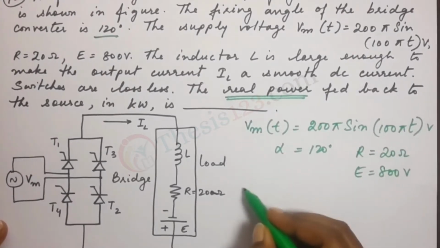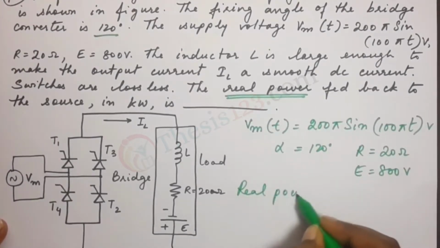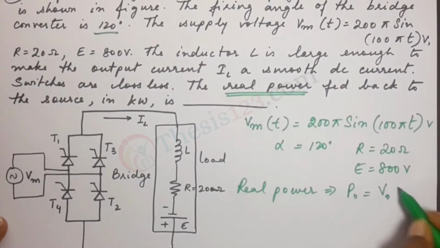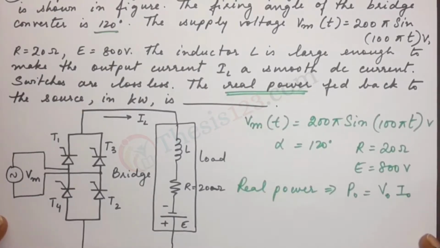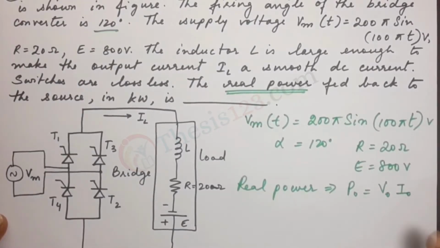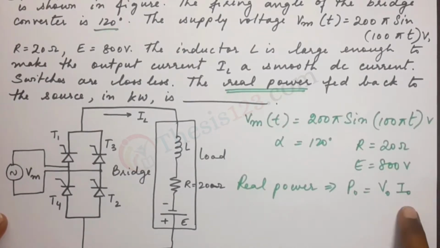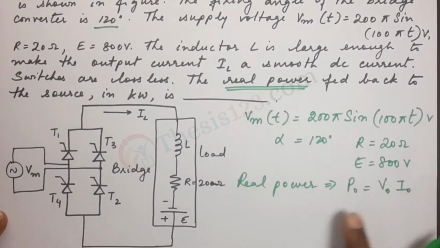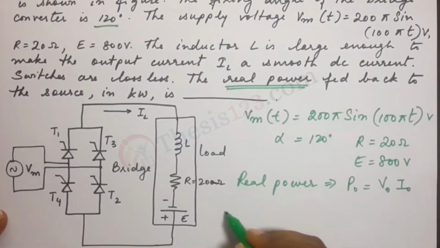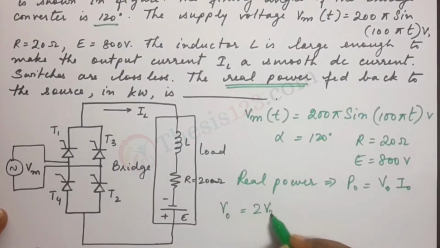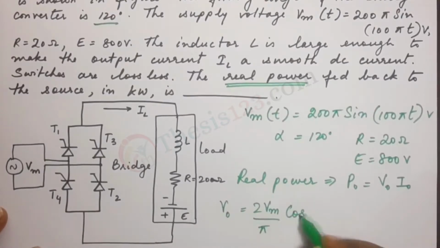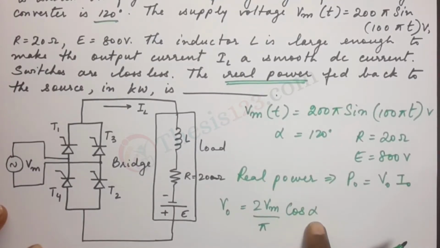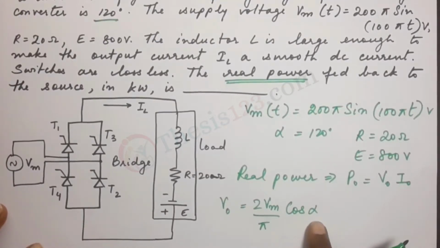So the real power is the output power P0, which in simple terms can be written as V0 into I0. Now we need to find out what the values of V0 and I0 are. There is a general expression for V0 when we are considering circuits such as this. V0 is equal to 2Vm by pi cos alpha, where alpha is the firing angle, already given to us.